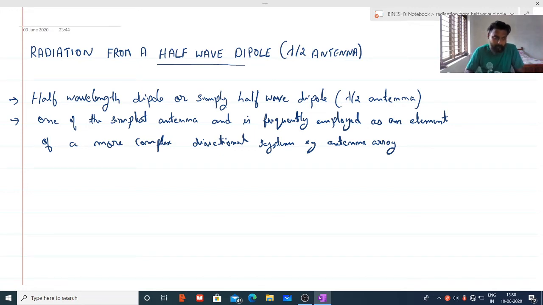If you have a radio at home, it will have a small tube-like antenna, and we can call this a lambda by 2 dipole antenna, whose physical length is half the wavelength in free space at the frequency of operation.